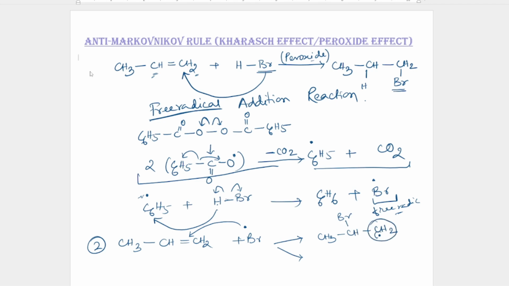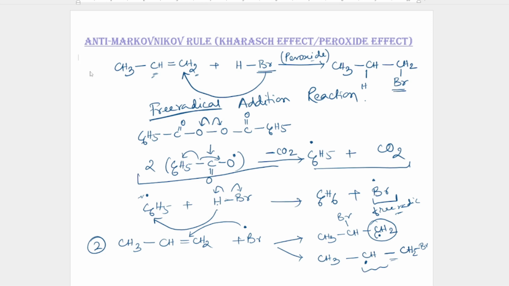If the bromine attacks the other carbon atom, we get CH3, CH free radical, CH2Br. So here we find two free radicals formed.